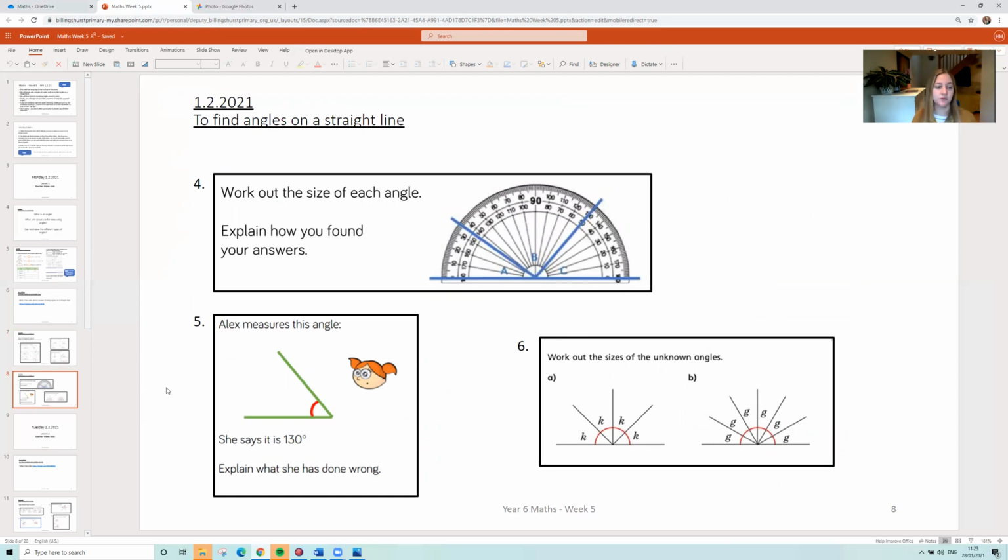Using all of the learning you've done today, thinking about angles on a straight line, work out these unknown angles and correct Alex here, thinking about what she's done wrong and give your reasoning. So try to explain not only what she should have done, but where she's gone wrong, where her misunderstanding has happened.